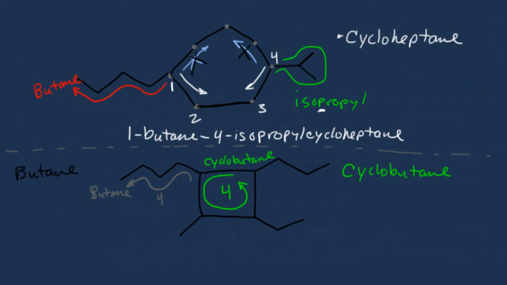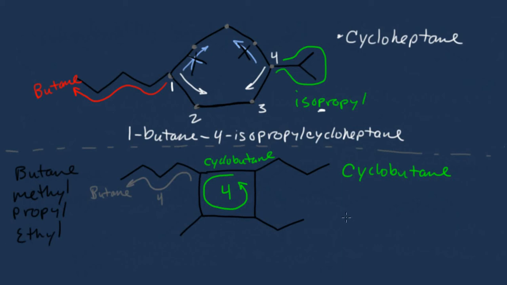That should have been in gray, but that's okay. And then we have a methyl group hanging off. Then we also have a propyl group. And then we have an ethyl group. And hopefully it is easy to see where those groups are hanging off of the cyclobutane.